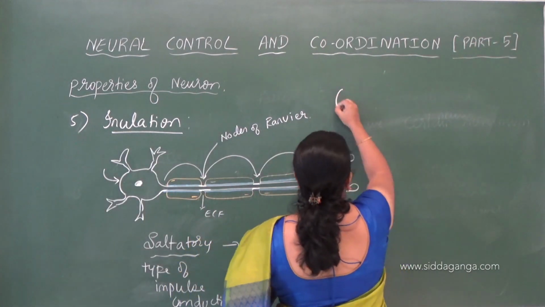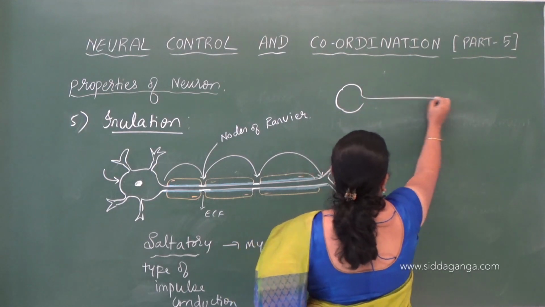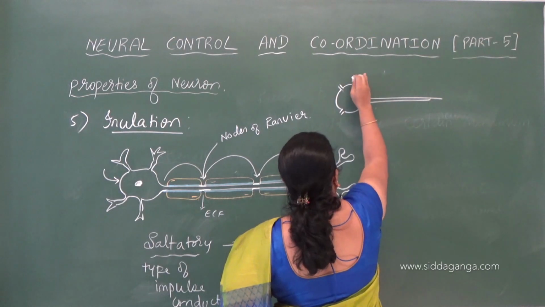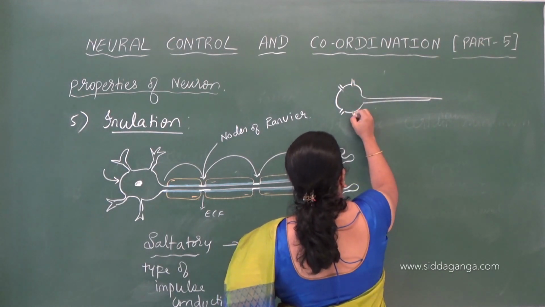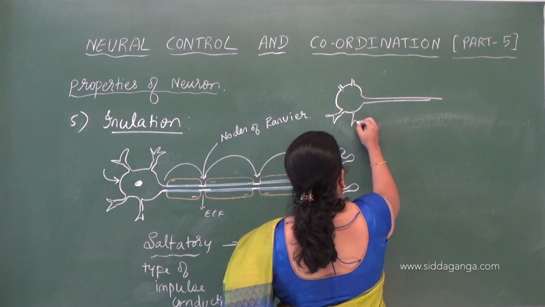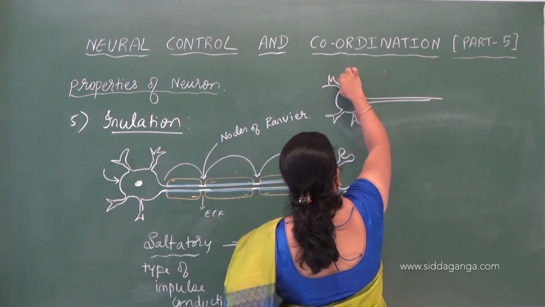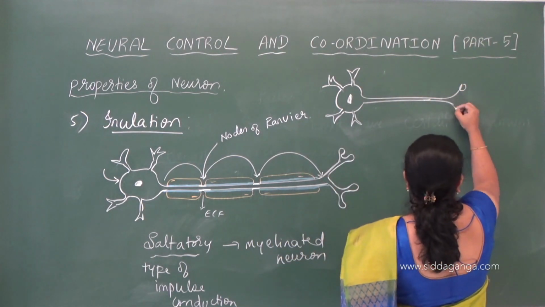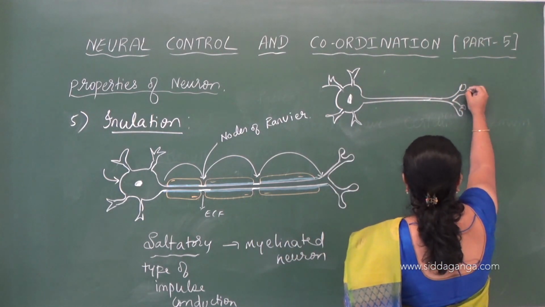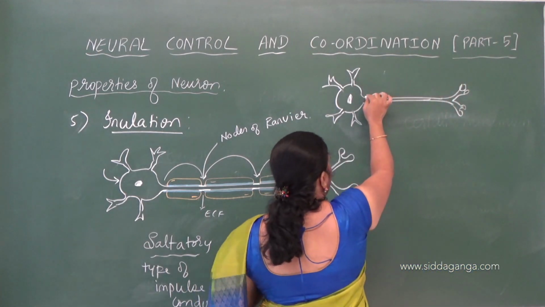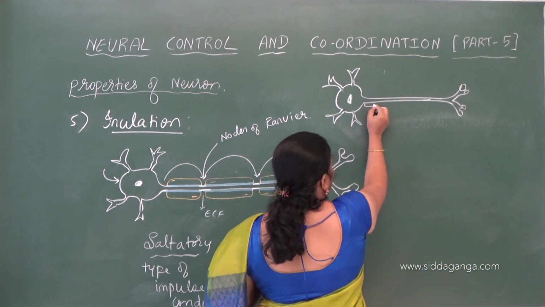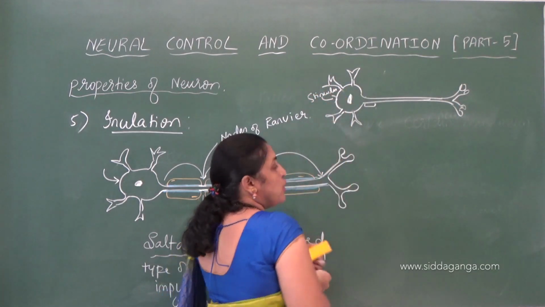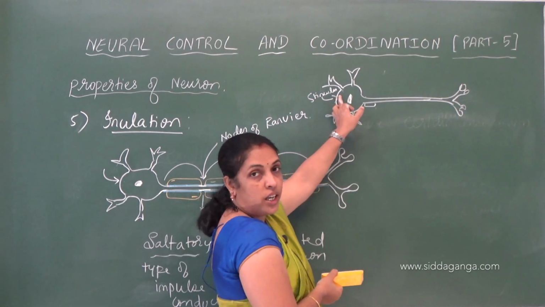So, this is the cell body. If stimulus is applied here, then action potential will be generated here.